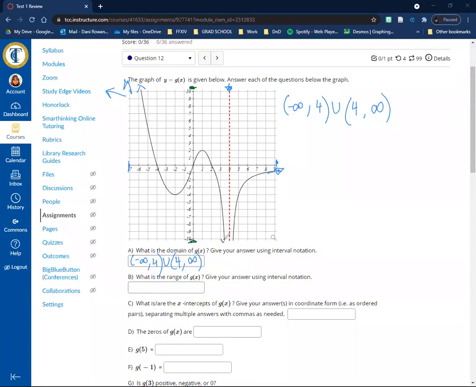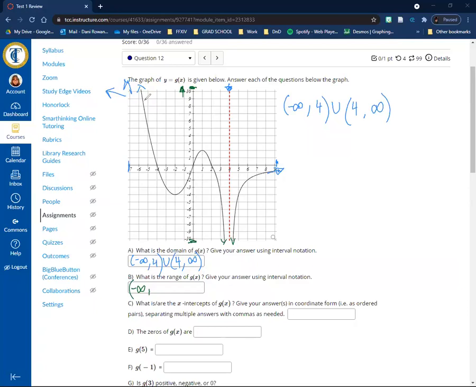Where's it start? Negative infinity. Yeah, definitely. Where's it end? Negative 10. So it's going to be positive infinity.